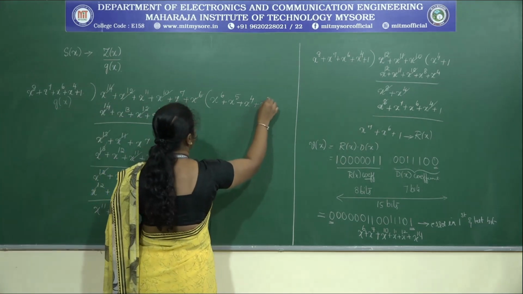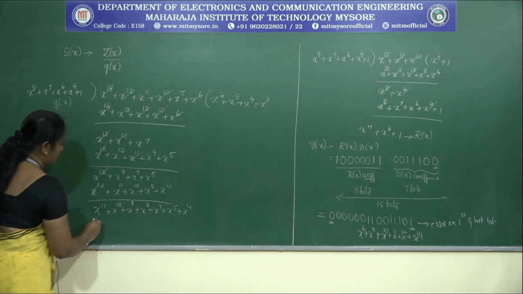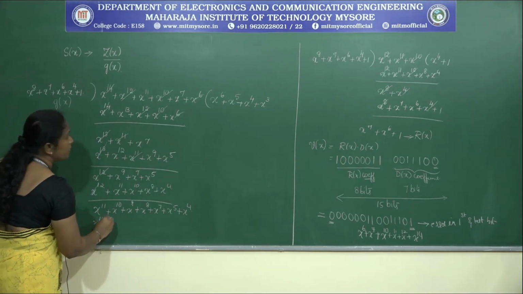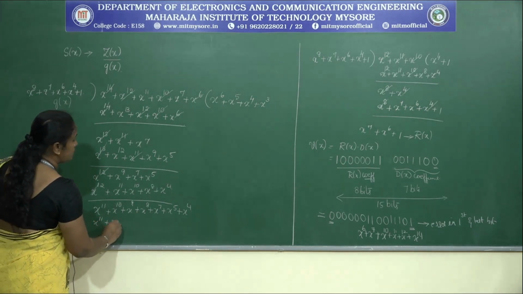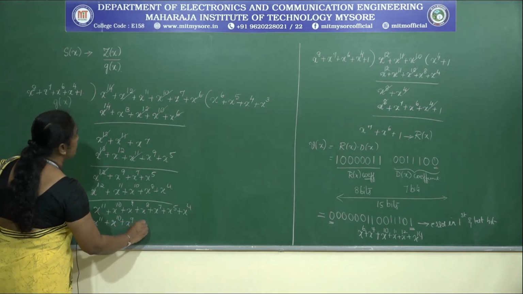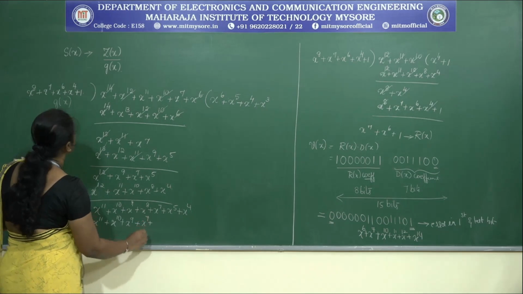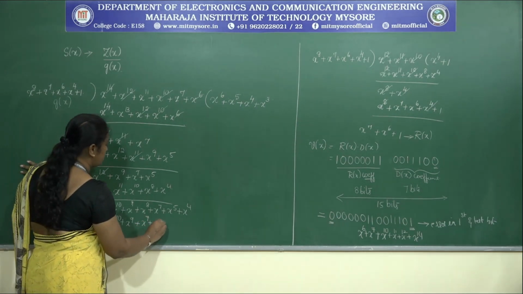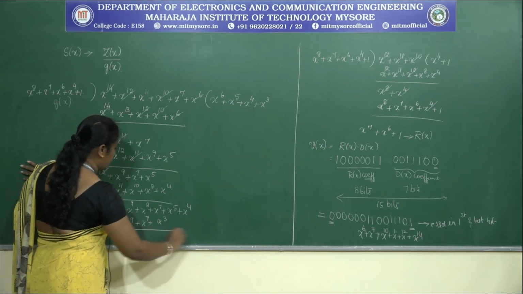This x to the power of 3, so it is x to the power of 11 plus 10, 9, 7 plus x to the power of 3.